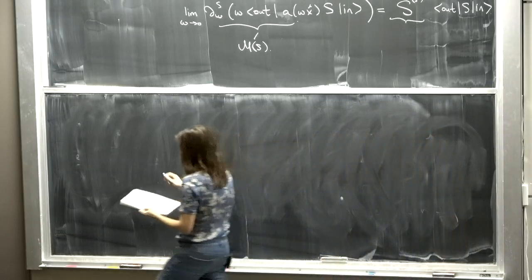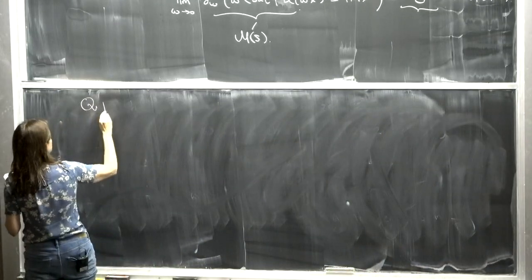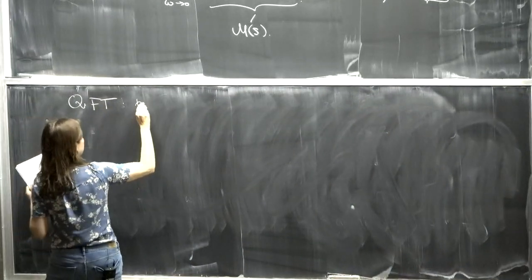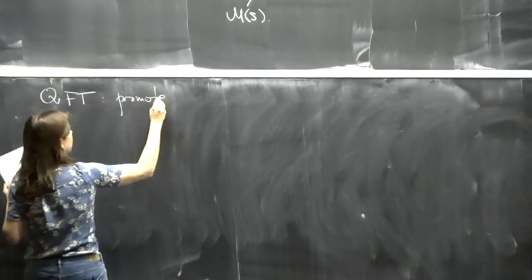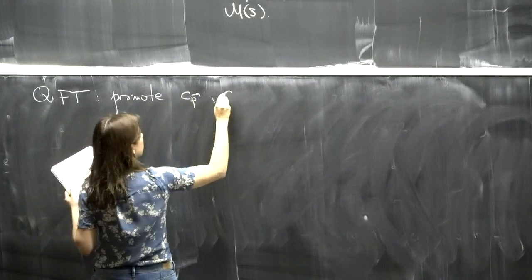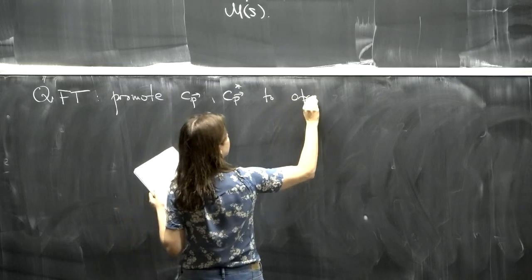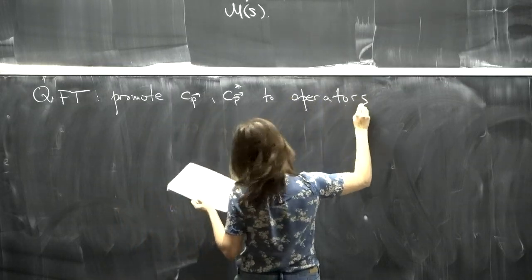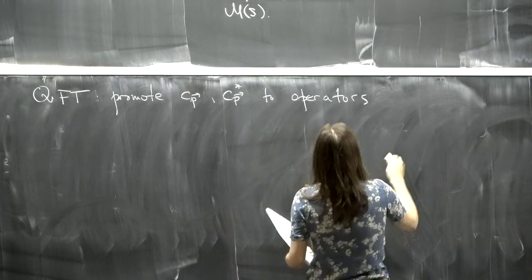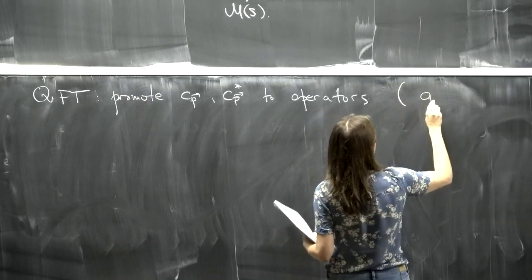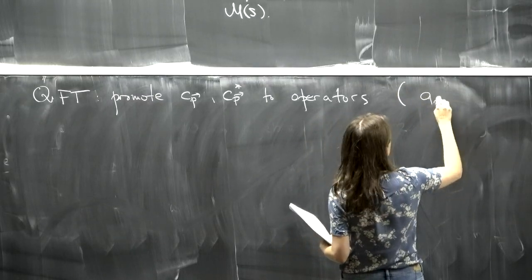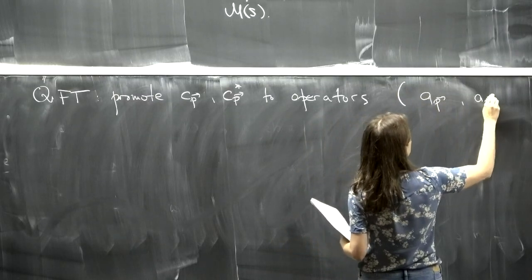So in QFT, promote c_p and c_p star to operators, so essentially creation and annihilation operators, a_p and a_p dagger.